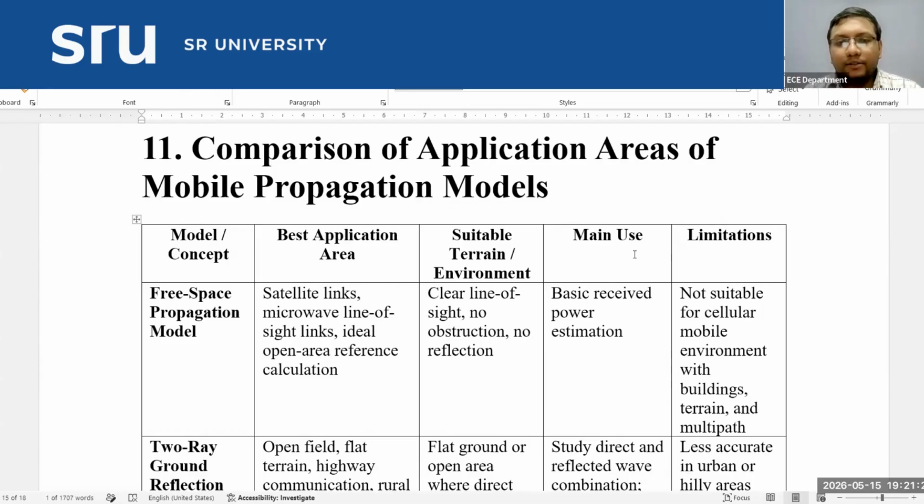The main use for this free space propagation model is the basic receive power estimation. But it is not suitable for cellular and mobile environment, because in the cellular and mobile environment, there are buildings, terrain, multipath, all these factors, which are not in the scope of the free space propagation model.